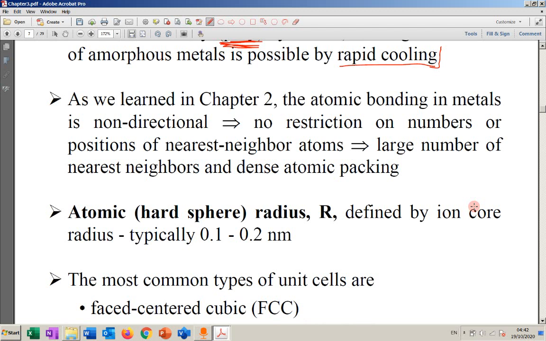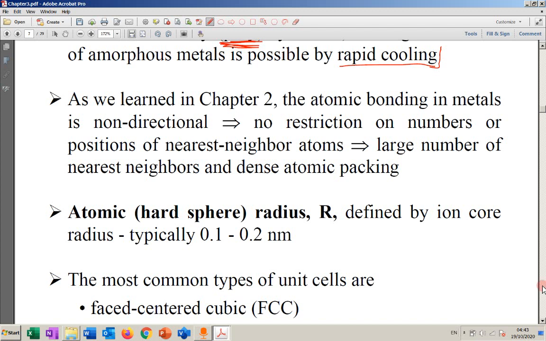Now the non-directional bonding that we explained here is going to give us some dense atomic packing. You will remember directional bonding: we said that the way the atoms are arranged gives materials different properties. Here it is non-directional. How does it help us? Non-directional basically means that in any direction, if you look at it, the arrangement will be the same, so it ends up as what they call dense atomic packing.